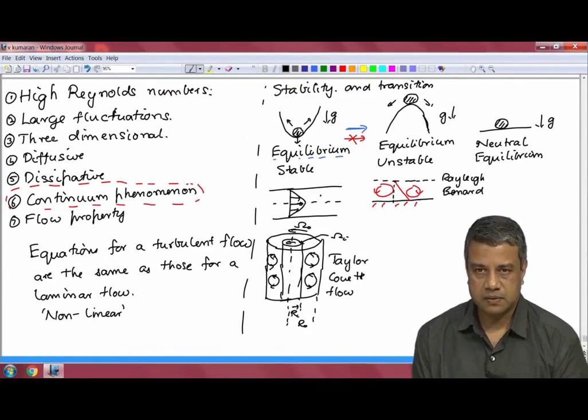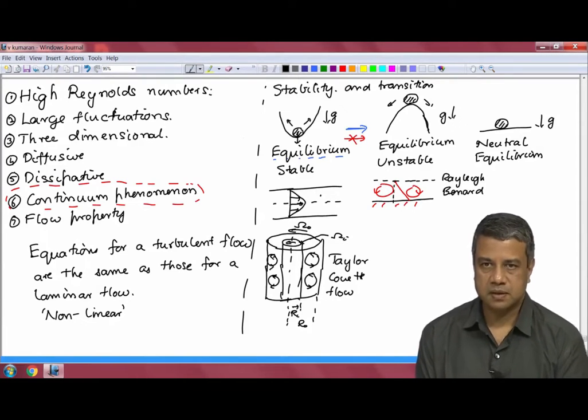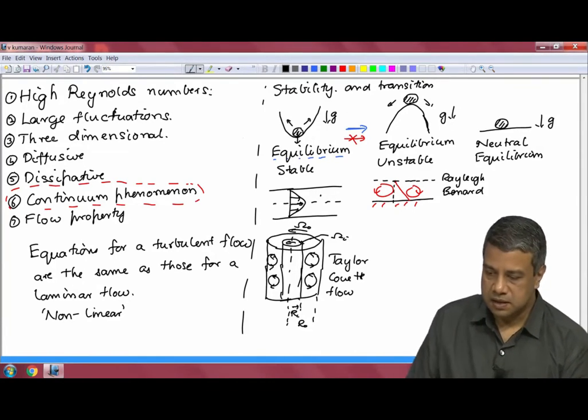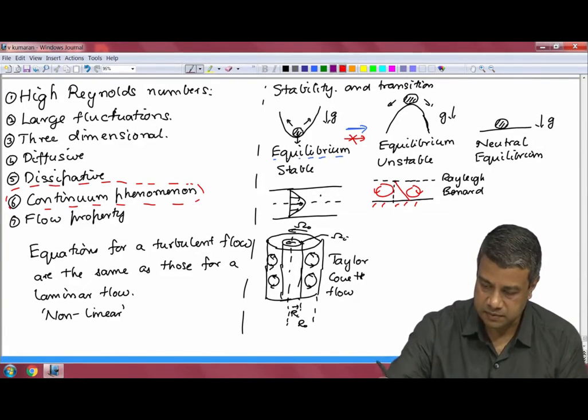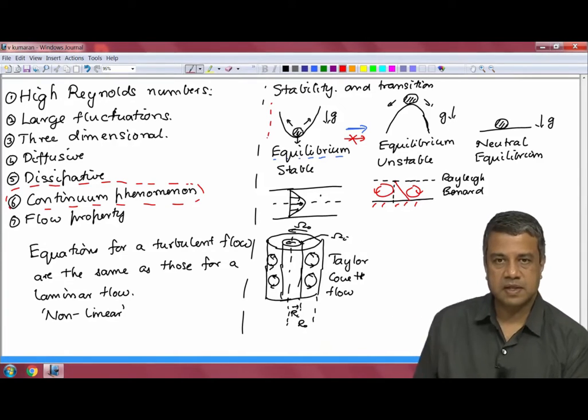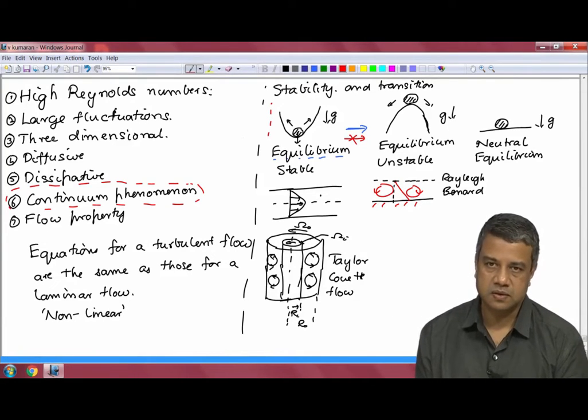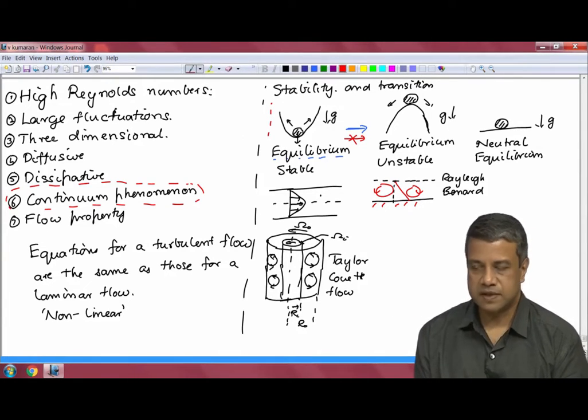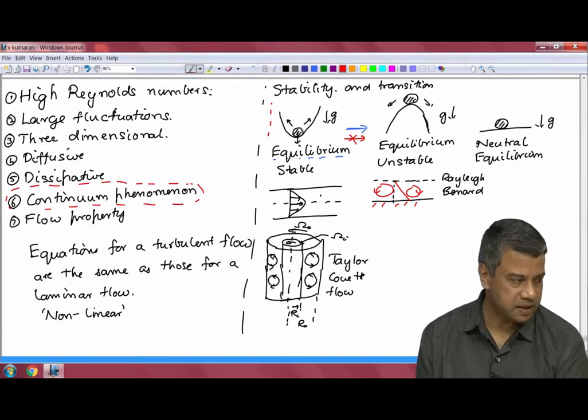In a stable equilibrium, in this particular one dimensional case, if you displace the system a little bit from its equilibrium state, it returns to its original state. If it is unstable, if you displace a little bit from its equilibrium state, it goes to some other state. Then there is a neutral state as well, where if you displace it, it remains at that location.